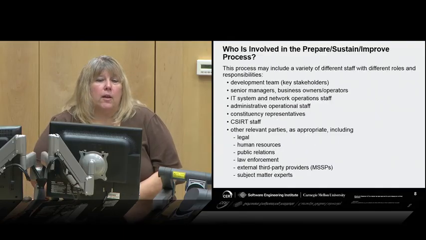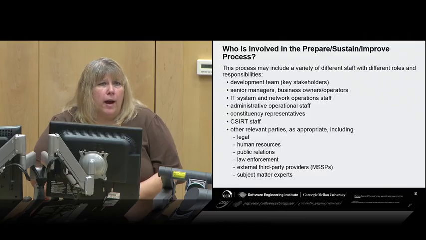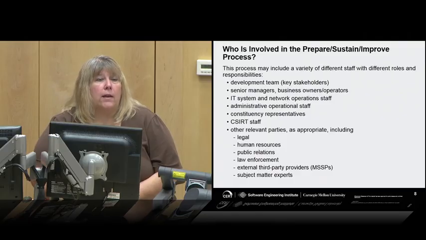When we look at who's involved in the prepare process, it can go across a wide variety of staff. It's certainly going to be the key stakeholders within the parent organization or constituency. It's going to be, if there's a project team, to help stand up a team or a function, it's also senior management and business line operations and business owners within the organization who have to give buy-in and support to work with any type of incident management capability.